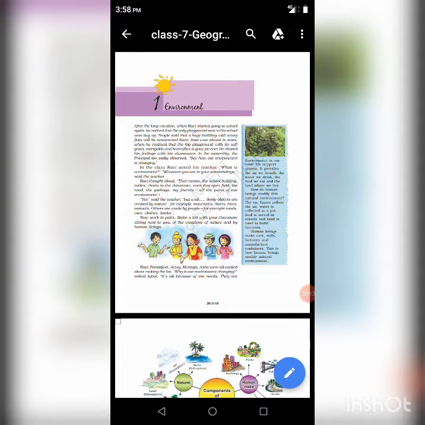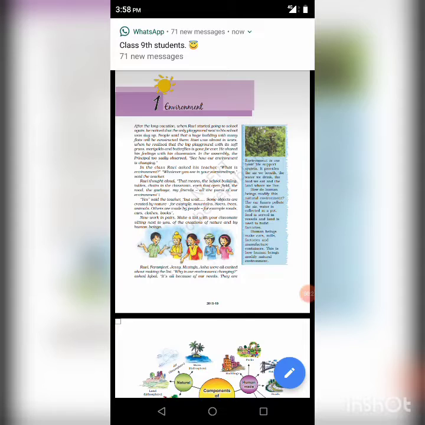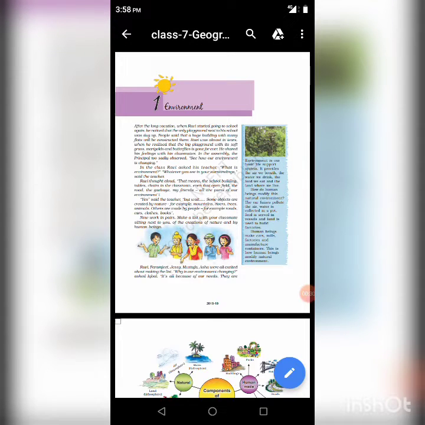Today we will discuss class 7th Geography's first chapter, Environment. Nature, place, people, things. These all which surround us, or the living organisms around us, make the environment.